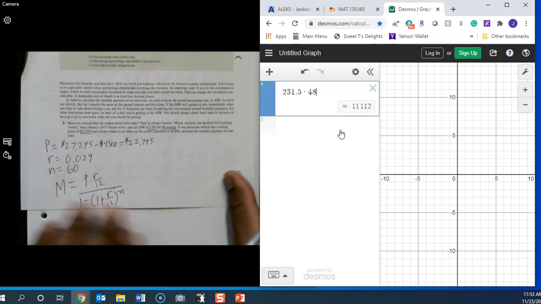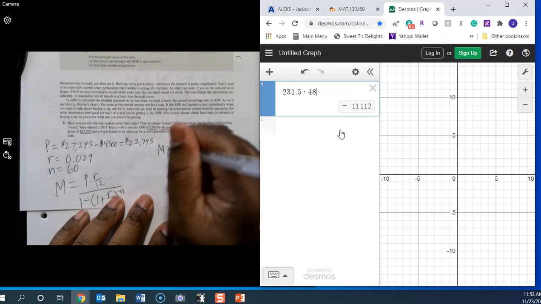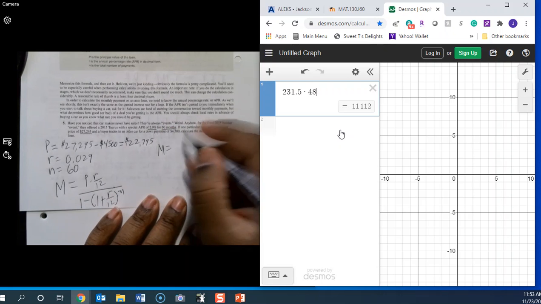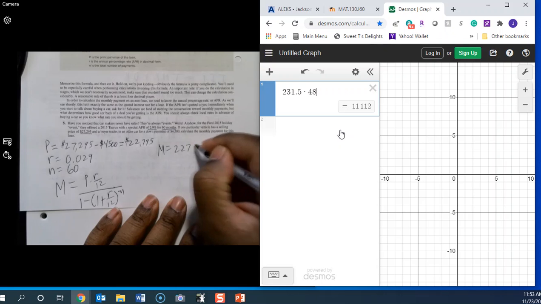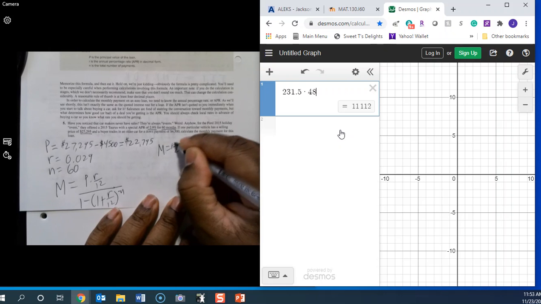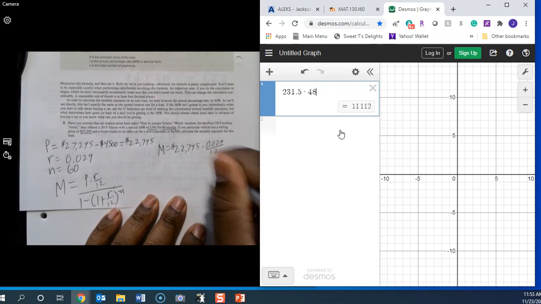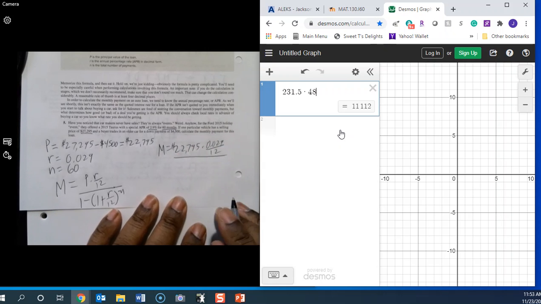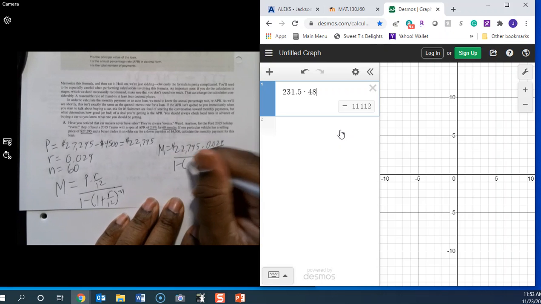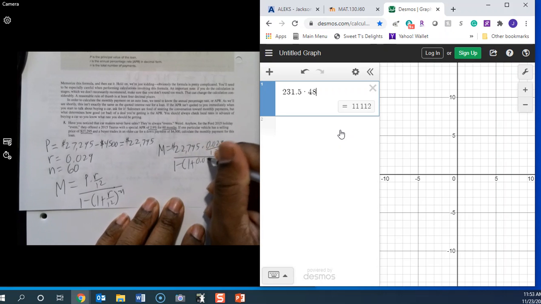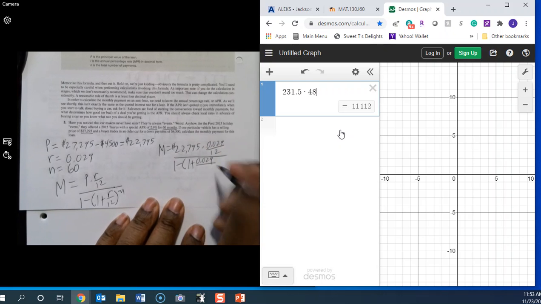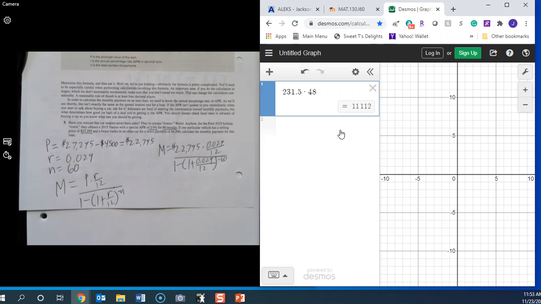All right, now we're going to go through and do some substitution. Our principal is $22,795. Our rate is 0.029 all over 12 divided by 1 minus 1 plus 0.029 all over 12 to the negative 60th power.